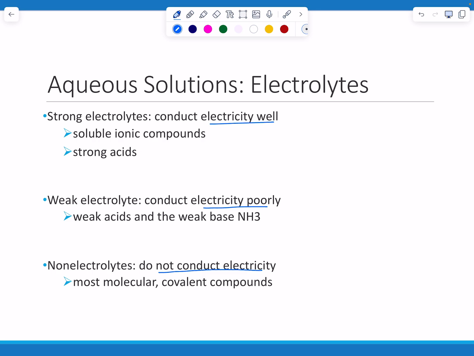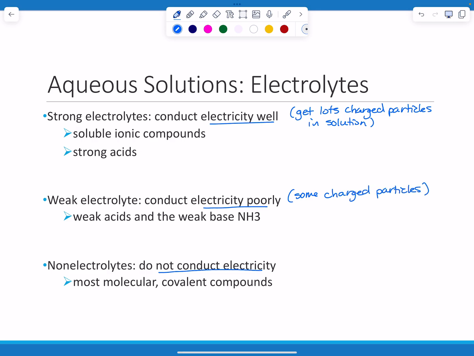With strong electrolytes, you get lots of charged particles in your solution. With a weak electrolyte, you get some charged particles. And with a non-electrolyte, you get no charged particles in your solution. That's directly related to its ability to conduct electricity.